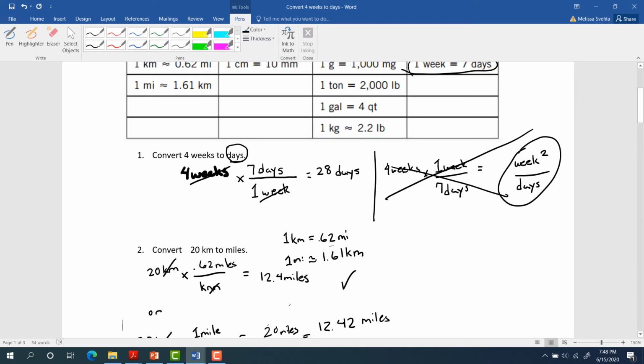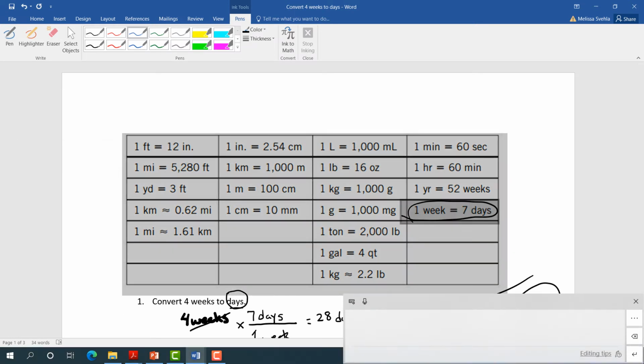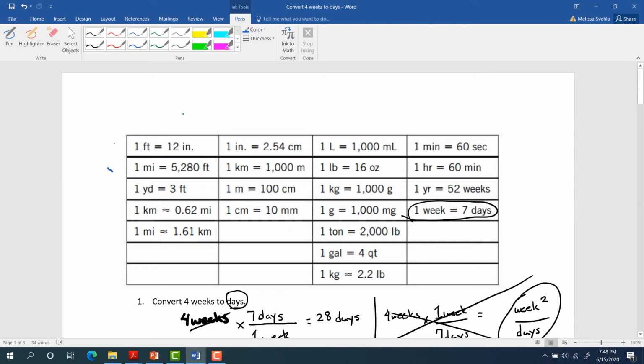And if I look at my unit chart right here, I realize I don't have miles to centimeters. I do realize, though, really quickly, if I look at this, I notice I can go mile to feet, feet to inches, and then inches to centimeters, okay?